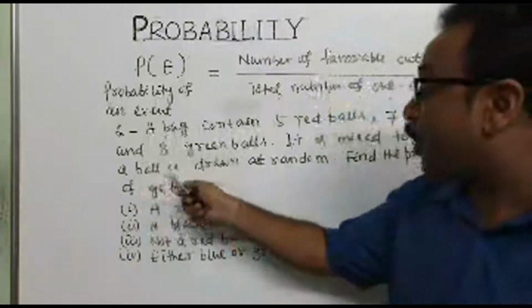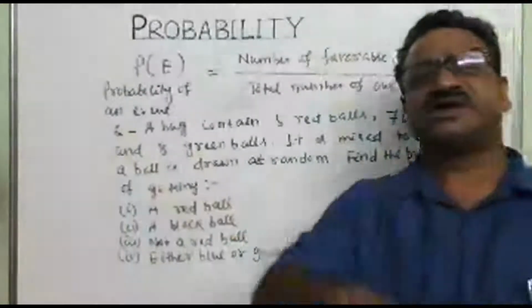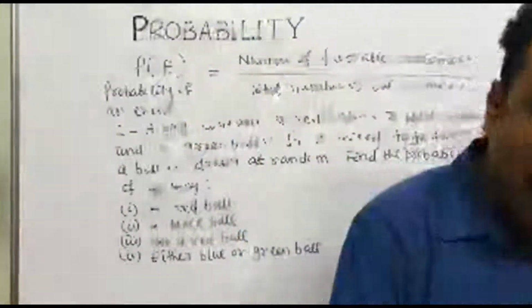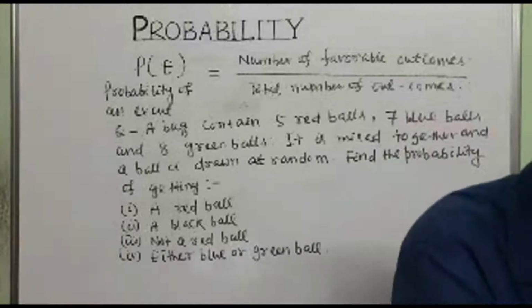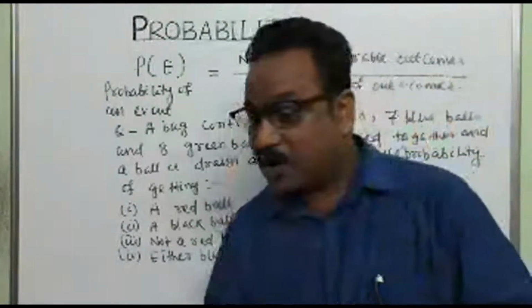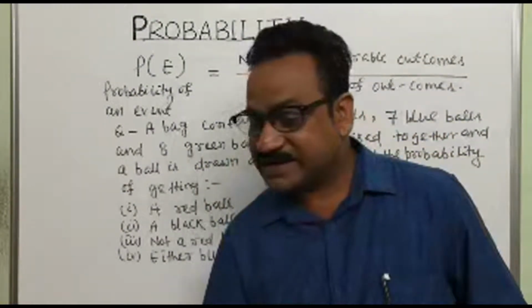Drawing a ball means one ball is taken out from the bag at random. So now what is the probability of getting it? Now you know about it.